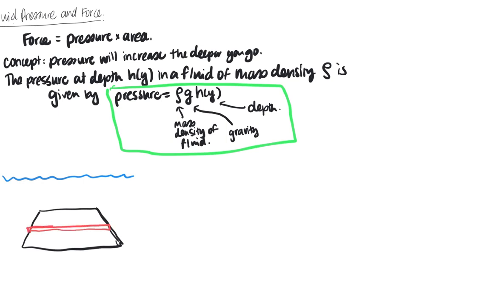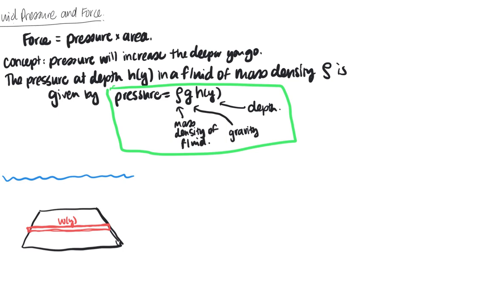And what I'm going to do is compute the amount of force that fluid is exerting on that slice of the plate. And then I will add up all of the slices at all the different depths that I have. So what I need here is some width, and that width might change as the depth changes. As I can see here with my trapezoidal thing, as I get deeper, it looks like my plate is widening.